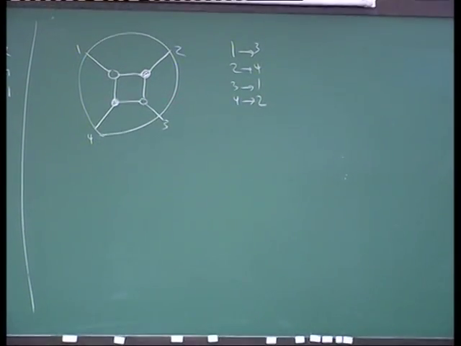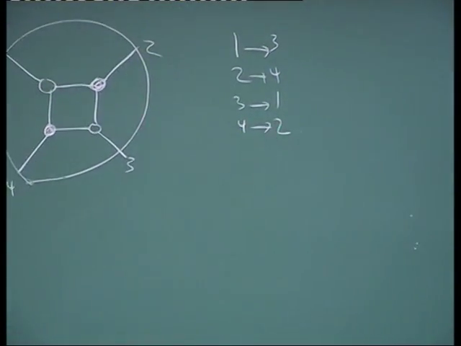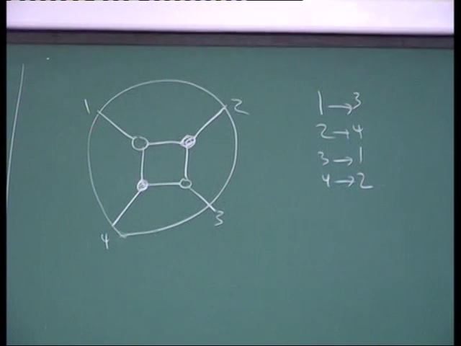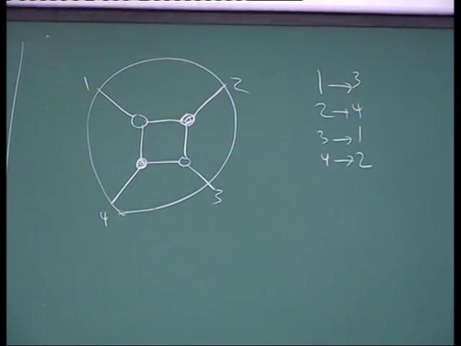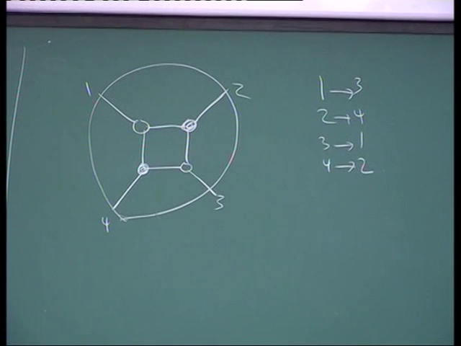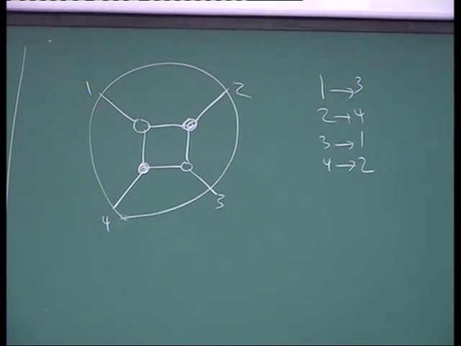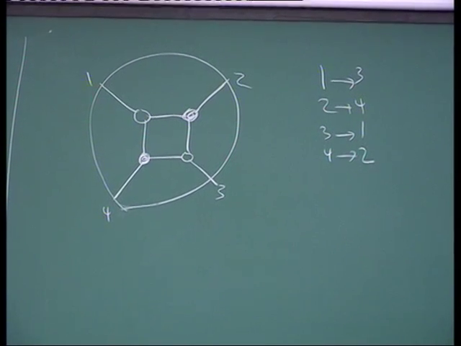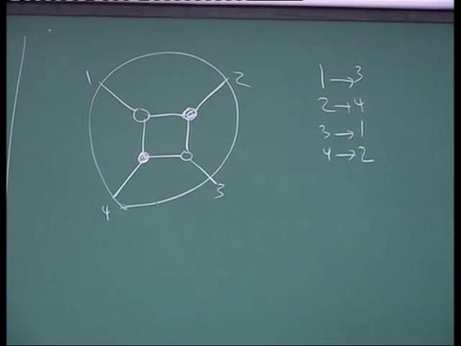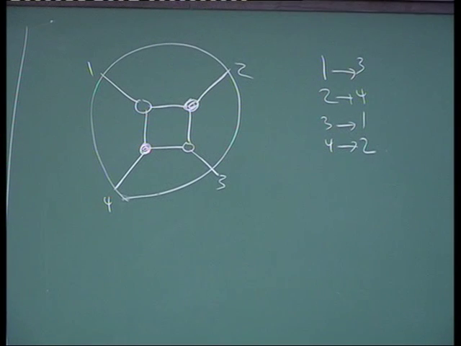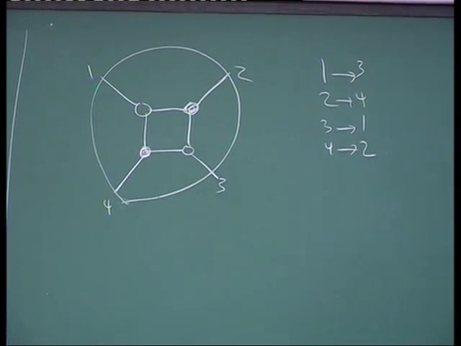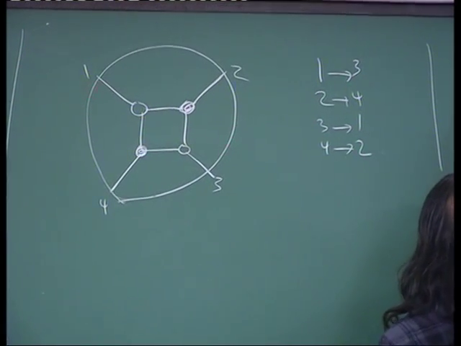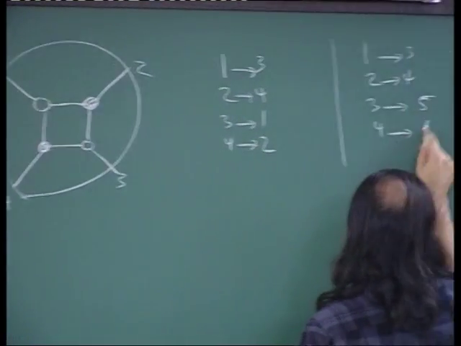And so it makes sense to always imagine that the permutation of a label always goes to its right. So I have 1 to 3 is fine, 2 to 4 is fine, but 3 to 1 is jumping back. 4 to 2 is jumping back. So we always are going to make it so everything is moving forward. So instead of writing it like this, I'm going to write it as 1 to 3, 2 to 4, 3 to 5, and 4 to 6.